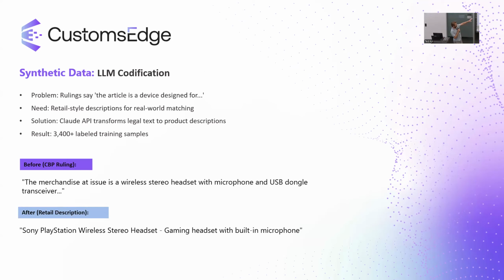So using an LLM and a few shot, we transform this into a clean Sony PlayStation wireless stereo headset so that you have a nice set of training data with the HTS code. And after all that, we get like 3,400 records from my little scraping job, just enough to run a small model and train something up.